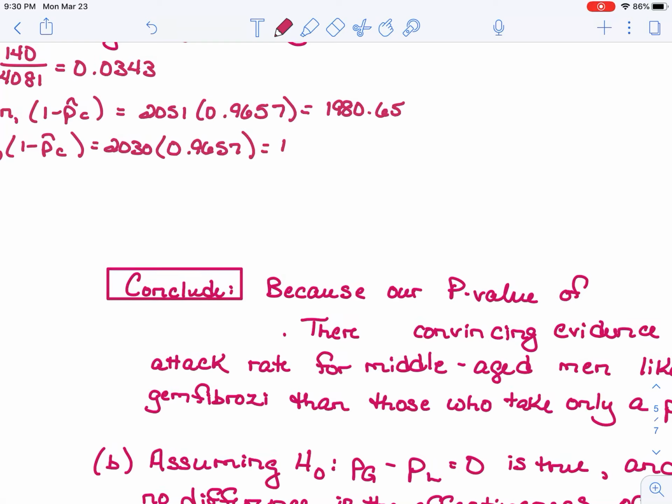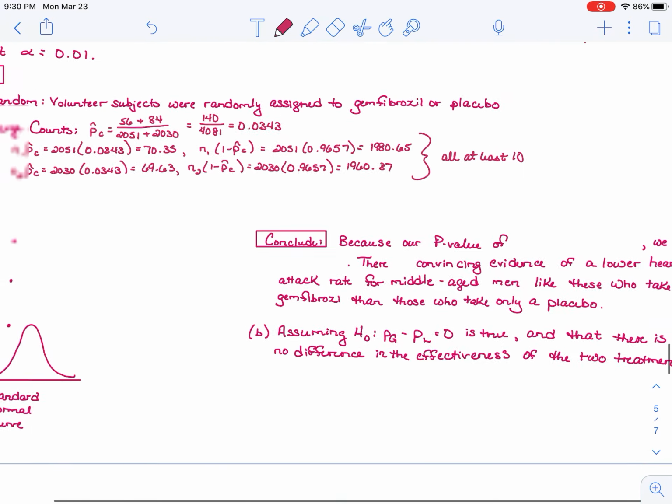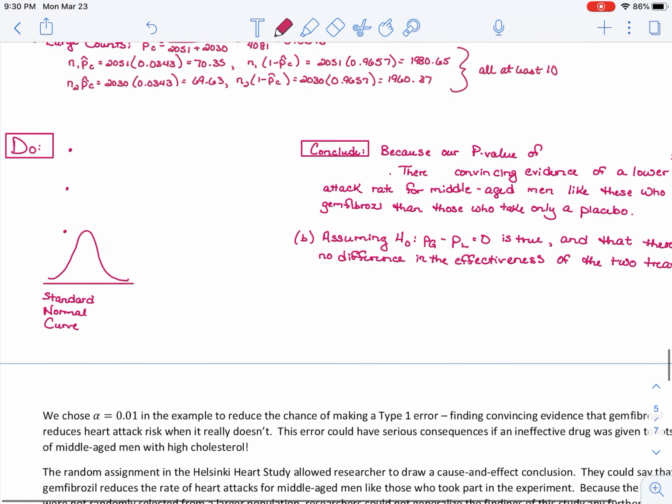So the expected number of failures for the second group, so the guys who didn't have heart attacks, is this. And I can see that they are all at least 10. So we have passed the large count conditions. We can model this with the normal distribution.